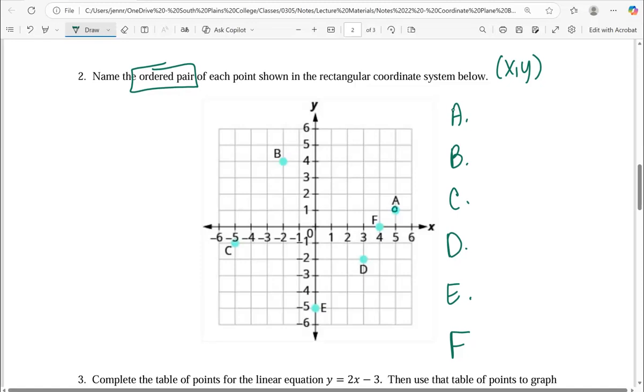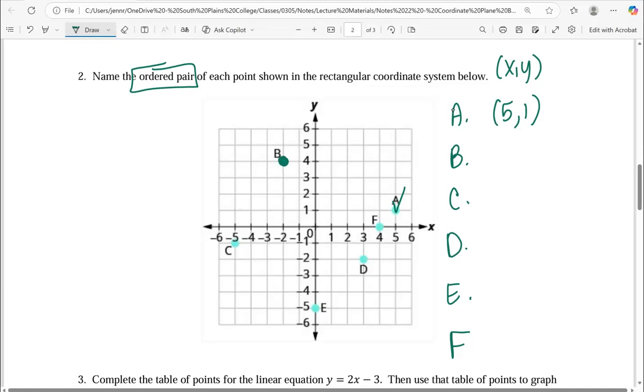So when I'm looking at point A, I have to identify where my values line up on the x and y axis. So the 5 on the x-axis would be labeled first. The 1 on the y-axis would be labeled second. And that point has been identified.